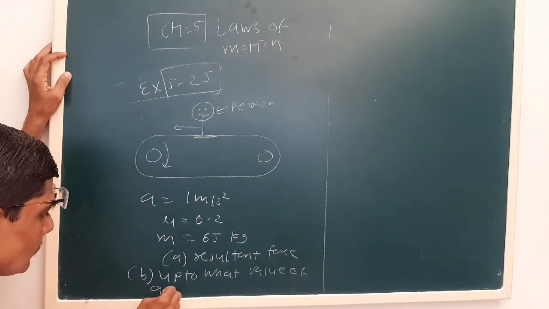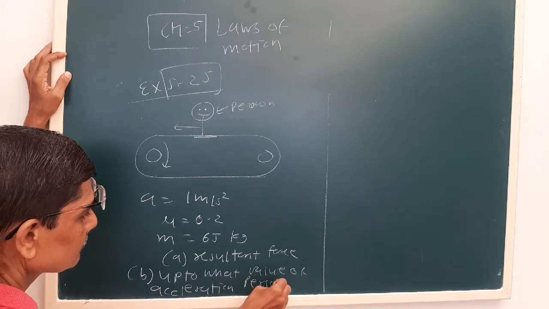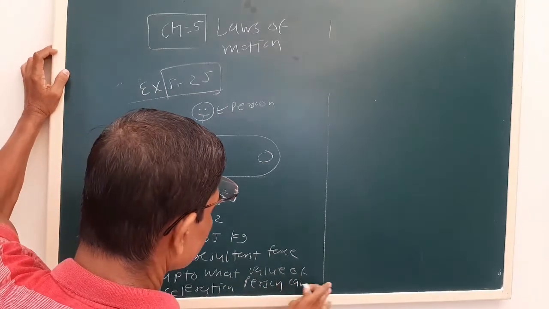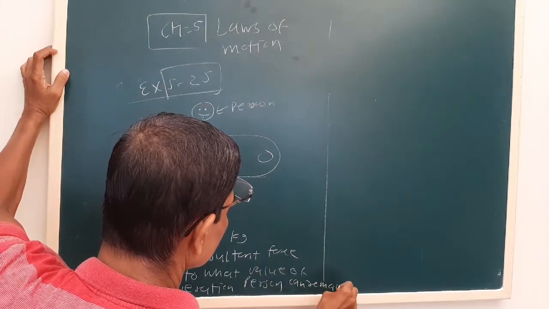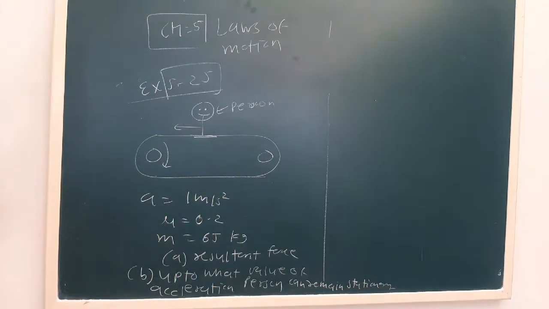Now see here, acceleration is given as 1 meter per second square.